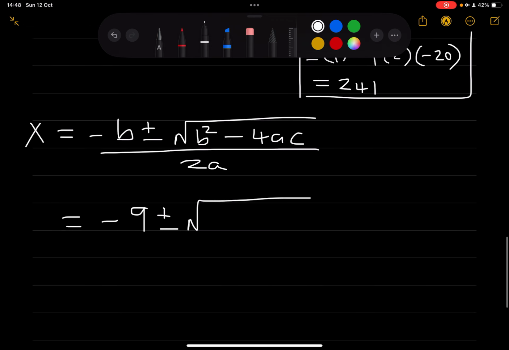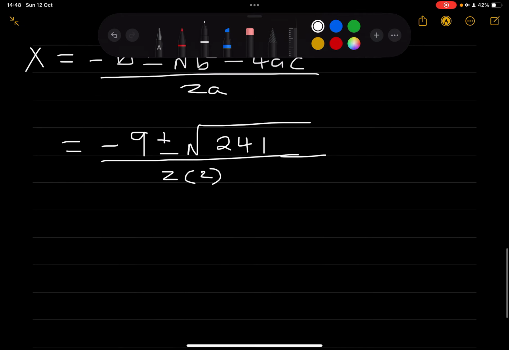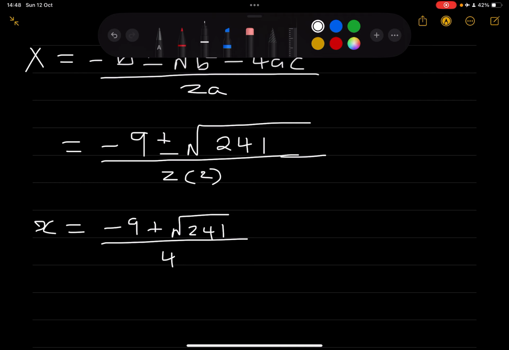So you can just put it in here to say square root of 241 all over 2. And then what is your a? Our a is 2, right? And then punching that on your calculator, we'll end up with x equals negative 9 plus square root of 241 over 4, or x equals negative 9 minus square root of 241 all over 4.